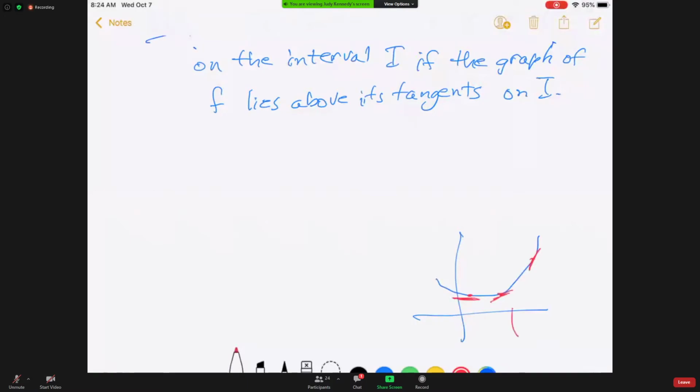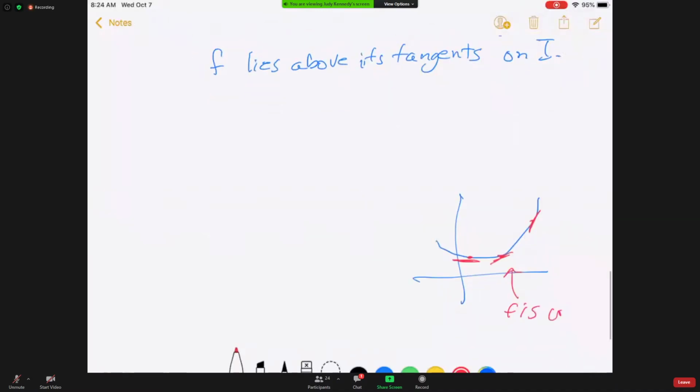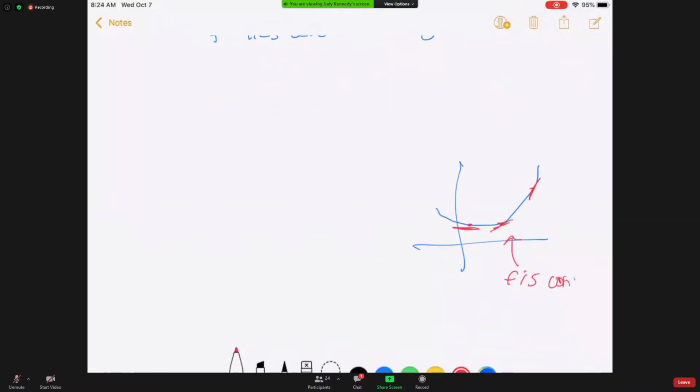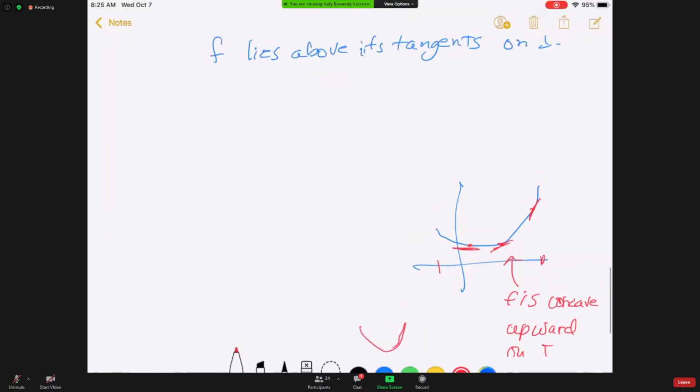This function is concave up. It's actually concave upward, but I usually just say concave up on I, and I guess that would be the interval. I kind of think of it as a smile. And concave down is a frown.